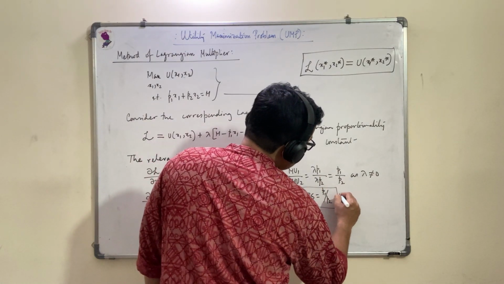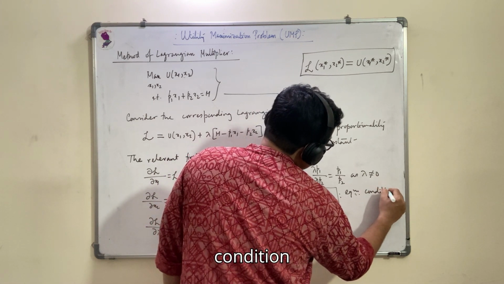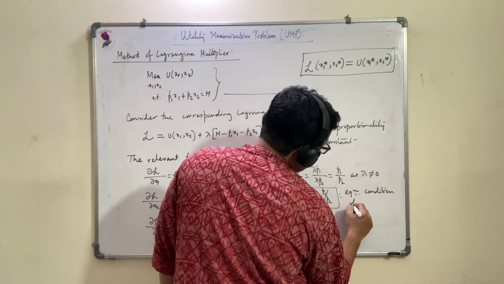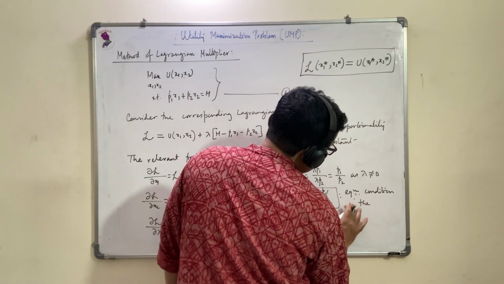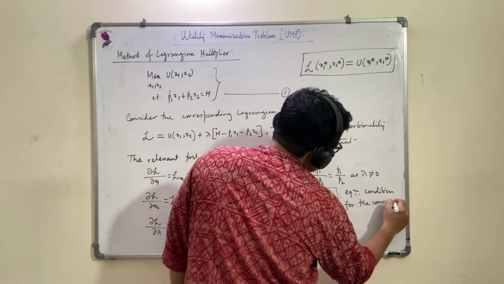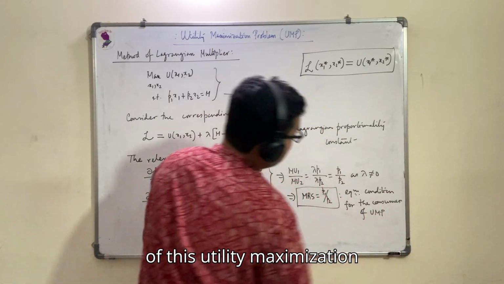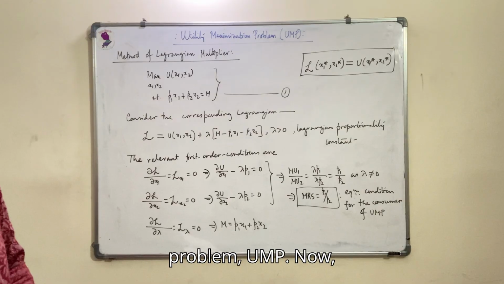So this is the equilibrium condition for the consumer of this utility maximization problem, UMP.